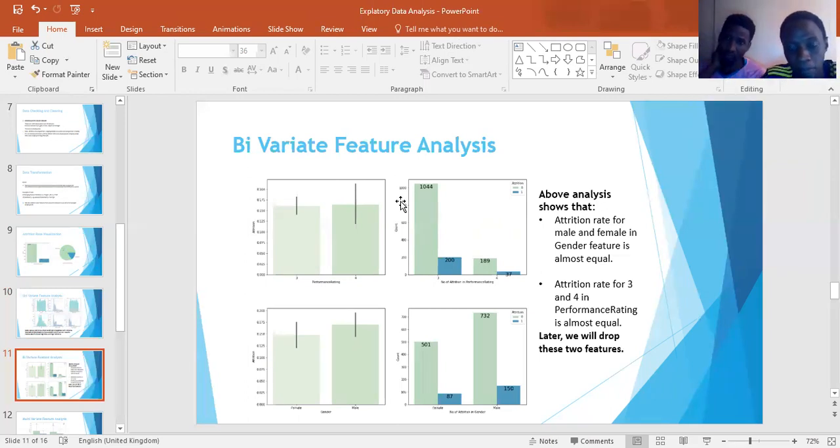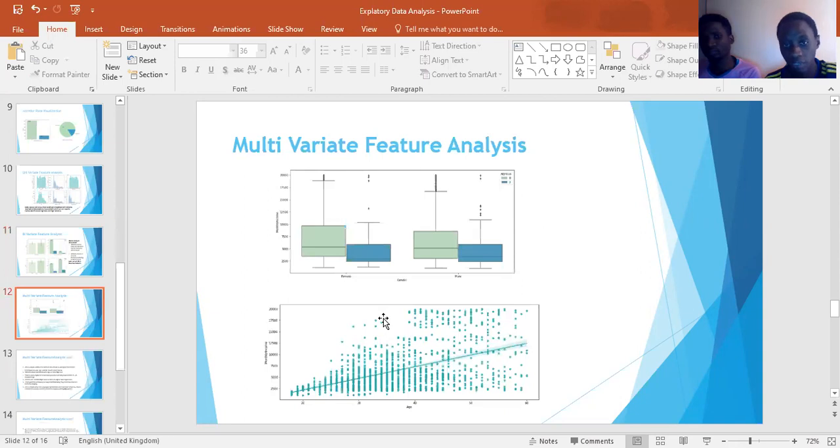We discovered that for performance rating, rates 3 and 4 were almost equal, and for gender, male and female were also equal. So we concluded that we will have to drop these two features later.